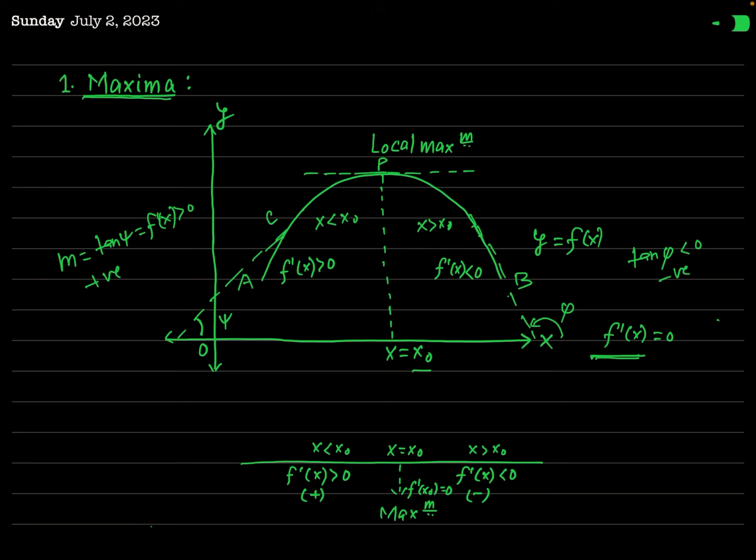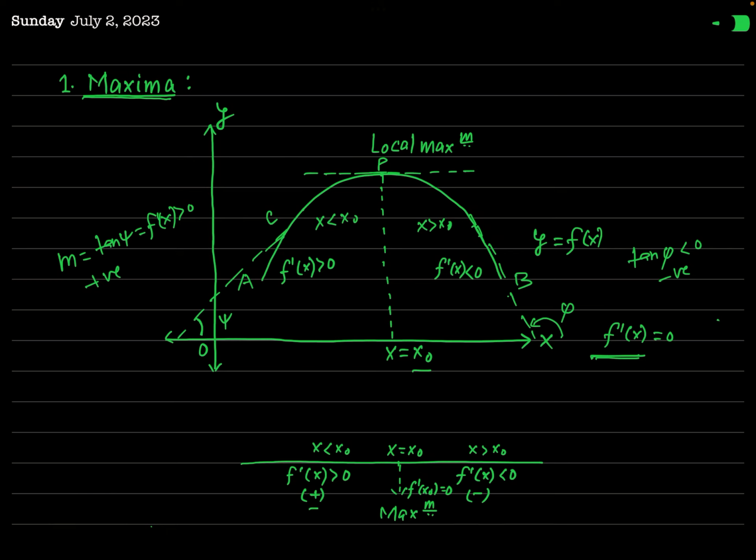So from this curve, you can construct a rule that this point will have a local maximum value of the function f of x. The rule is simple. At x equal to x naught, f dash of x naught is 0, and for x less than x naught, f dash of x is positive.